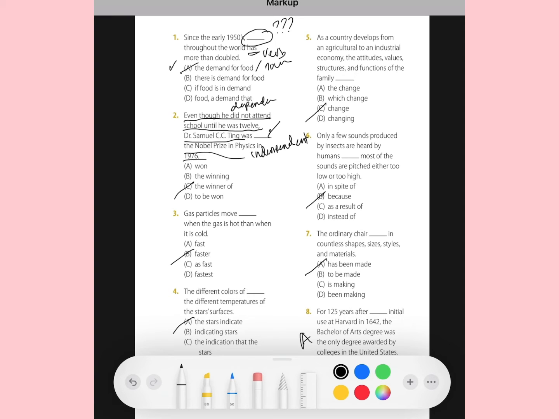For the independent sentence, you'll have Dr. Samuel as the subject and was as the verb. And that's why you need something here, either a noun only or adjective only, or can be both. Well, the most possible answer from A to D is C, because this is the only one which is a noun.